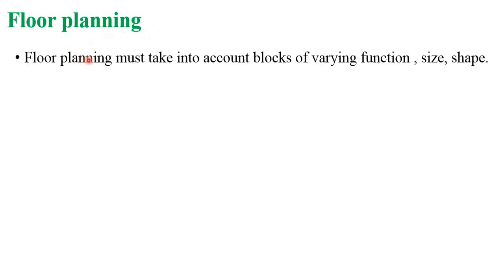What is meant by floor planning? After designing the layout, we can prepare a die by using a floor plan. The floor plan must take into account blocks, verifying functions, size and shape. So how can we design this? First is space allocation.